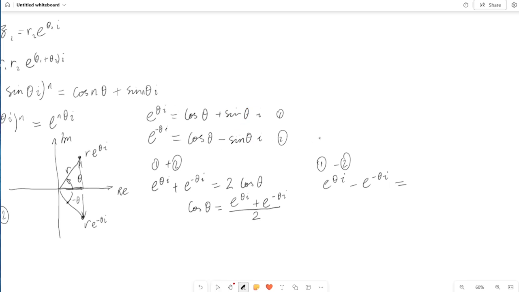So we actually end up with 2 sine theta i. And once again, if you divide both sides by 2i, we can see that sine theta can be expressed as e to the power of theta i minus e to the power of negative theta i over 2i.